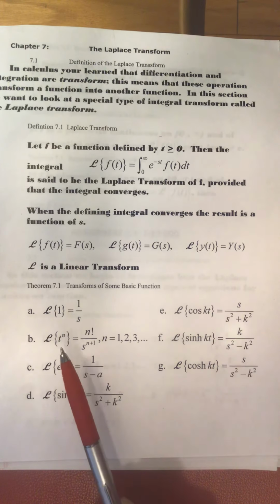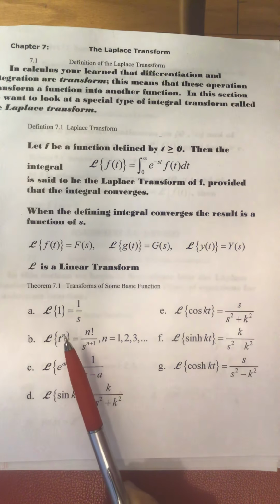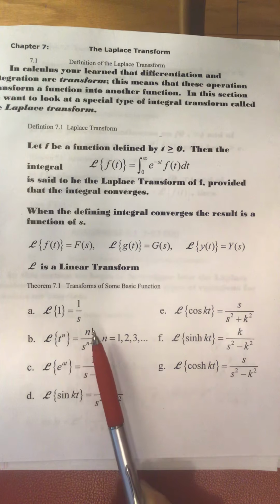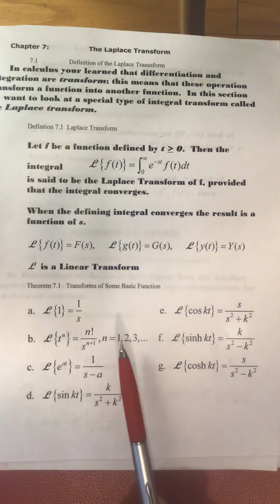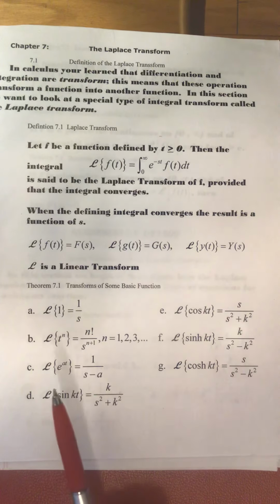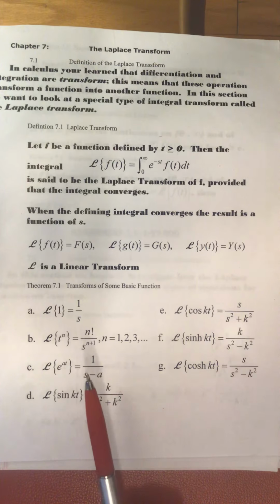Laplace of a power, t to the n, where n has to be an integer value, is equal to n factorial over s to the n plus 1 power, where n is 1, 2, 3, and so forth. Laplace of e to the at is 1 over s minus a.